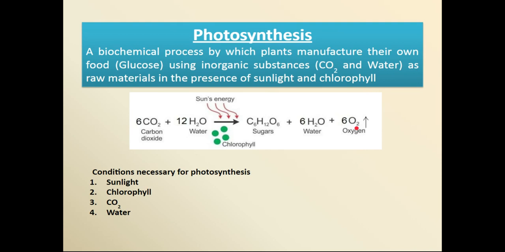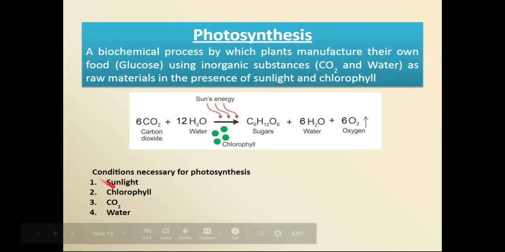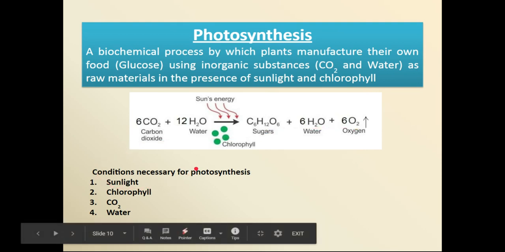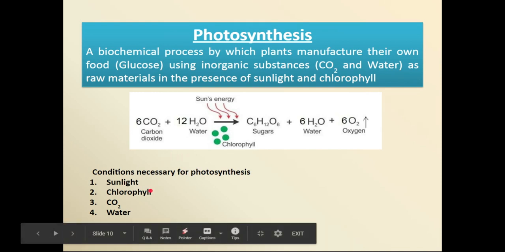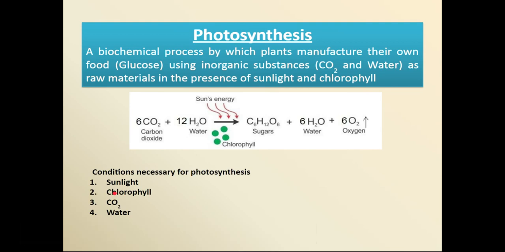So the basic conditions necessary for photosynthesis, you can observe from the equation as well: sunlight, chlorophyll, CO2 and water. CO2 and water serve as raw material for the process of photosynthesis. Sunlight is essential for photosynthesis, and chlorophyll is a compound required for the absorption of sunlight.